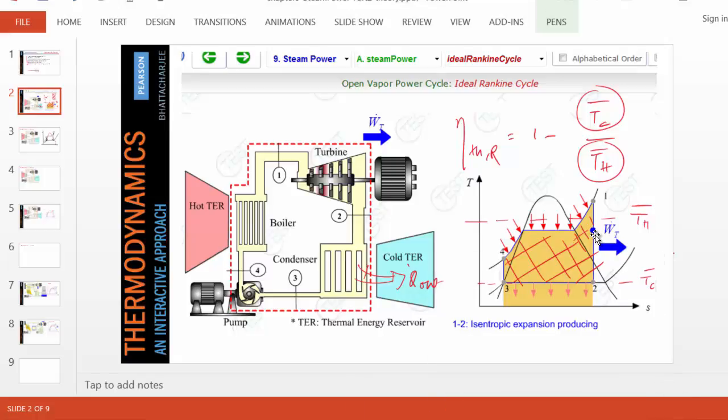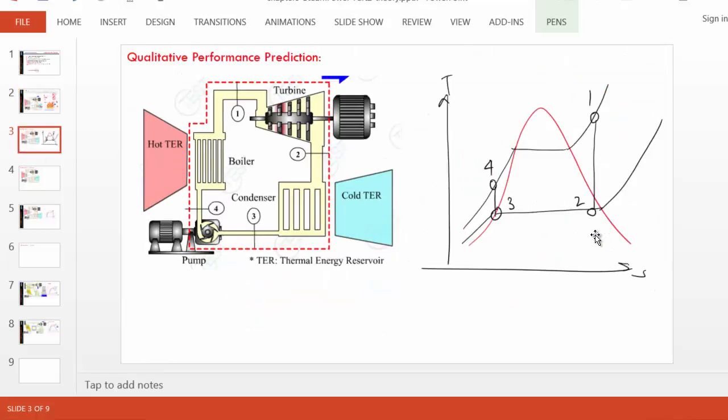Okay, so let us now see how a particular modification will affect the cycle efficiency and the net power. Suppose we ask ourselves, how will the condenser pressure affect the cycle efficiency? So in this cycle, let's call it the red cycle, heat addition takes place from 4 to 1, and heat rejection takes place from 2 to 3.